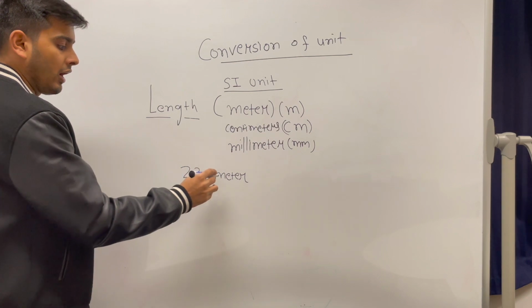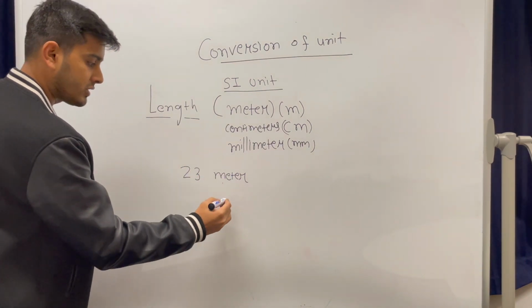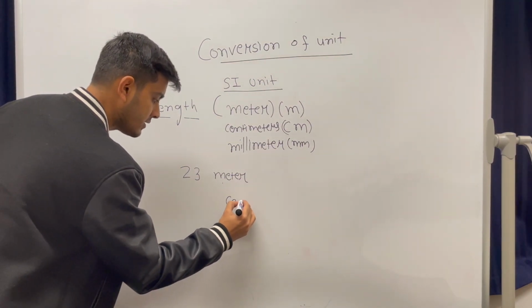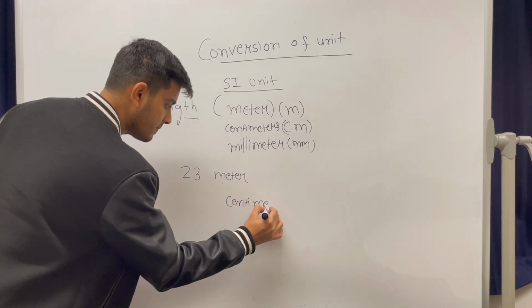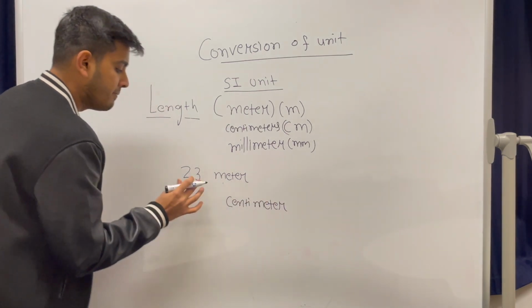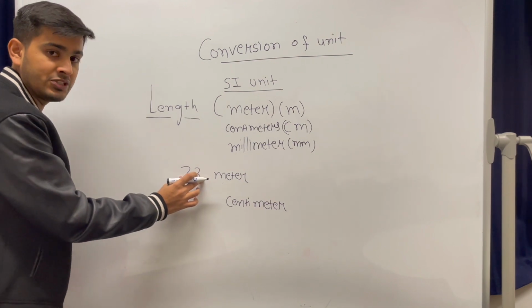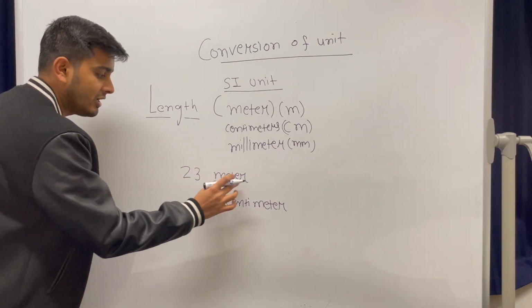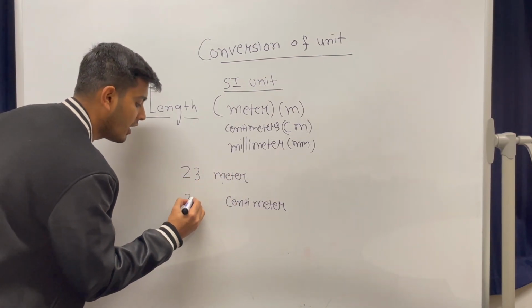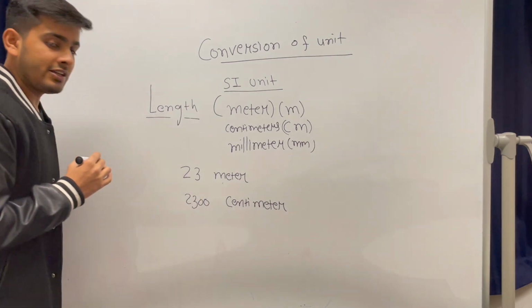If we convert the unit from meter to centimeter, the magnitude or the value will be changed. Now 23 meter will become 2300 centimeter.